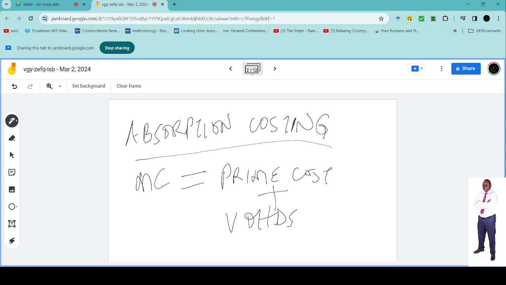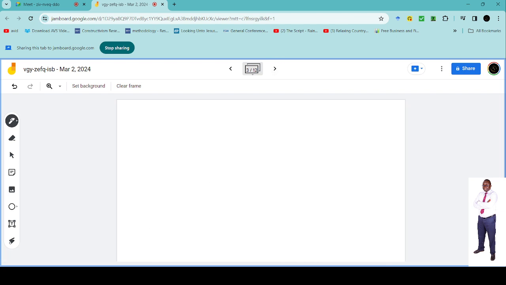And we went further and said that total cost equals variable cost plus fixed cost.